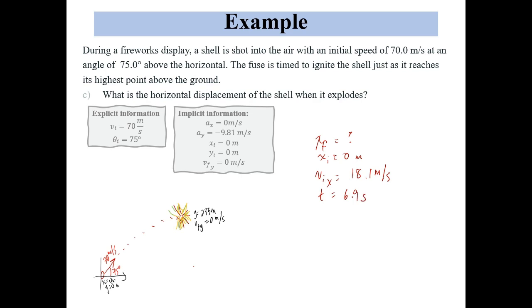Okay, so in the x direction, we only really have one equation, so this just comes down to applying these knowns into that equation, which is delta x is equal to v initial in the x direction multiplied by time. So x final is our unknown, x initial is 0, initial velocity in the x direction is 18.1, and the time was 6.9 seconds.